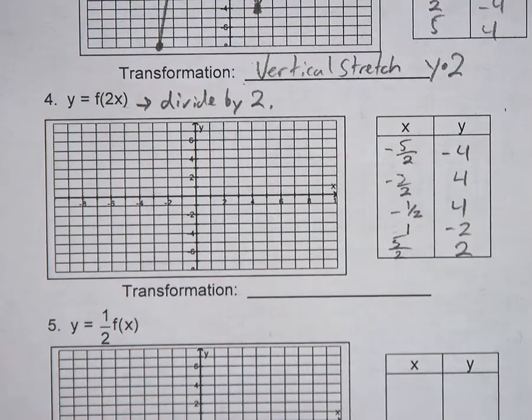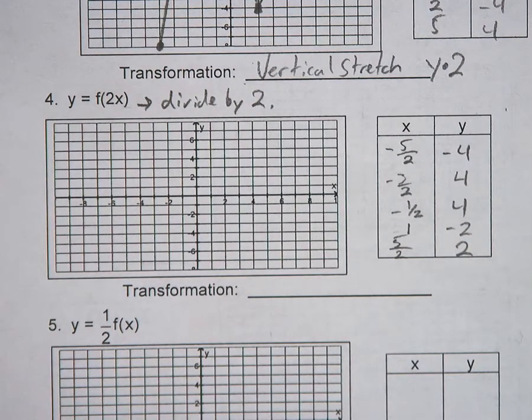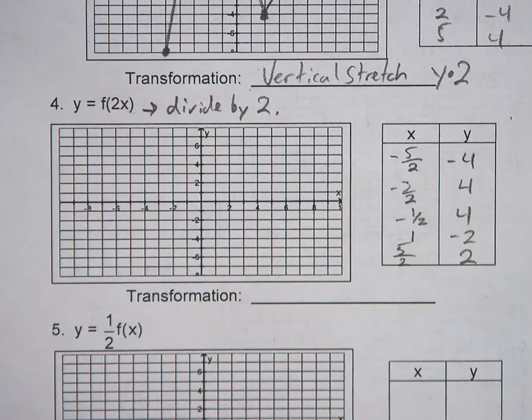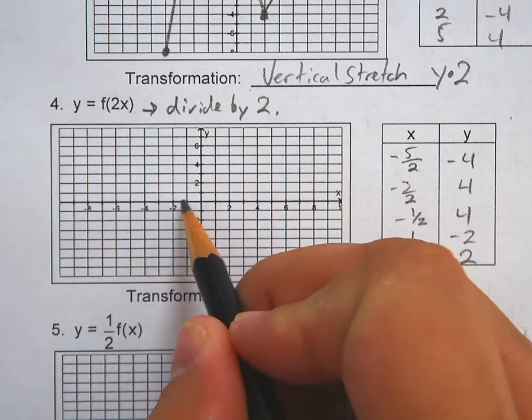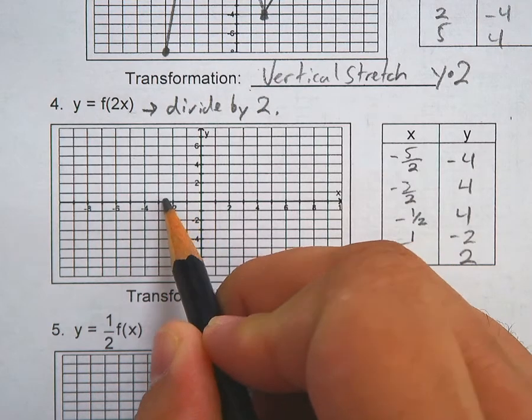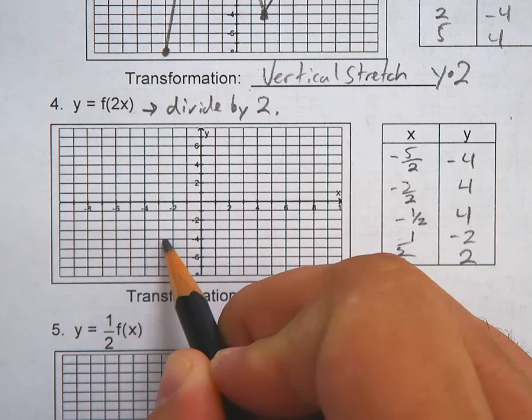Is it okay to leave them as 5 halves and 3 halves and 1 half? Yes, leave them. Ain't no point in writing them as decimals. The only time you ever write a decimal is if I give you a decimal at the beginning. If I don't give that to you, then write it as a fraction. Okay, so what will this graph look like? Negative 5 halves, negative 4.